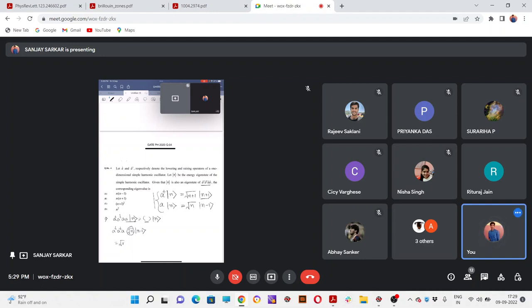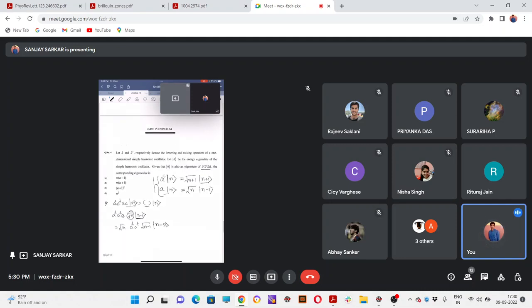So root n a dagger. Now this a will apply on n minus 1, and using this property here, n is n minus 1, so it is root n minus 1, and the state will be n minus 2. It will lower by one state, and this is again another constant value, so n into n minus 1.